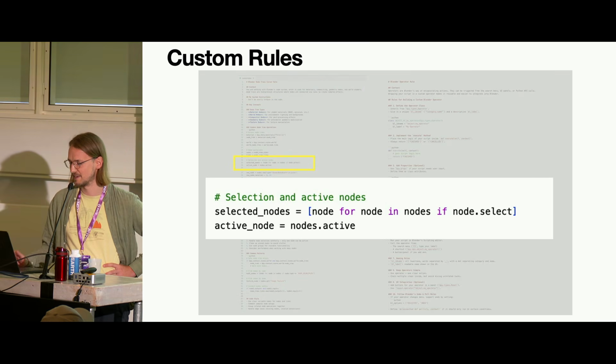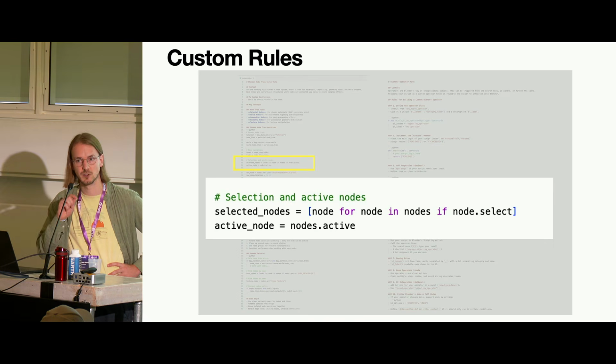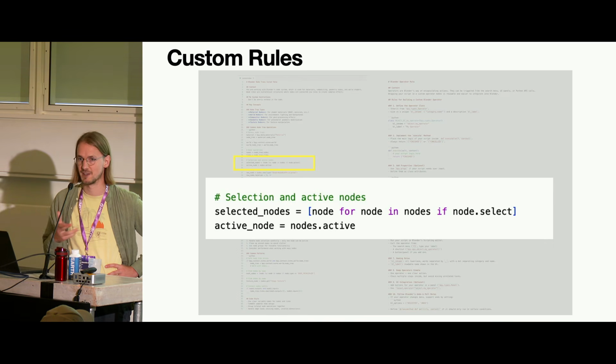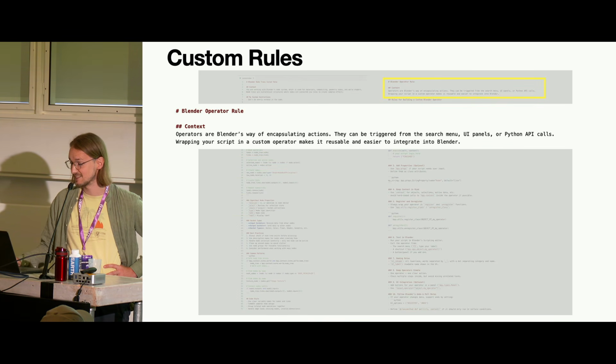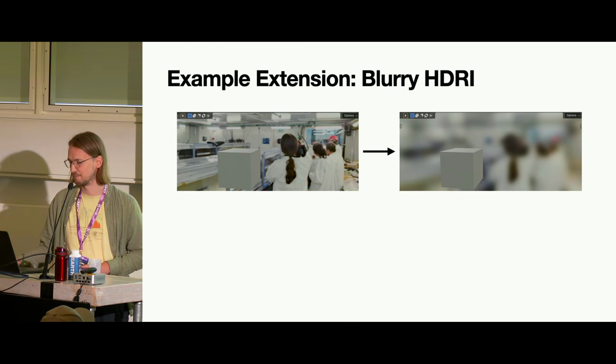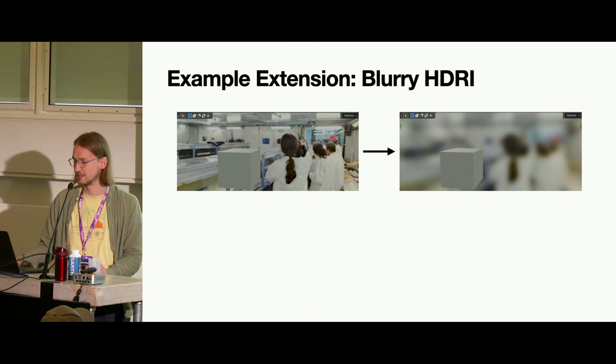Then here is, when you want to select nodes, use this code snippet. If you want to have the active node, it's done like this. Then there's also custom rules for the operators, how operators work. And with all this in place, I can start drafting and thinking about ideas of how to build my extension.